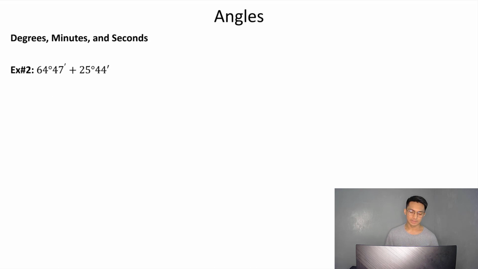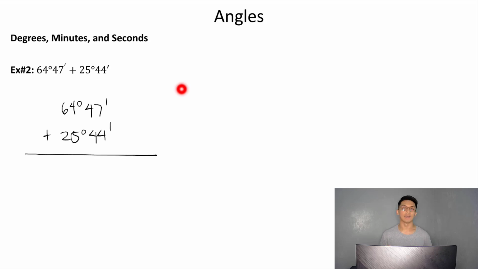Example number 2. Addition ulit. 64 degrees, 47 minutes plus 25 degrees, 44 minutes. So, ganun lang din ang process ng example number 1 na gagawin natin sa example number 2. Ang gagawin ulit natin, dun sa pinakamaliit na unit, we have the minutes. So, 47 plus 44, we have 91 minutes.